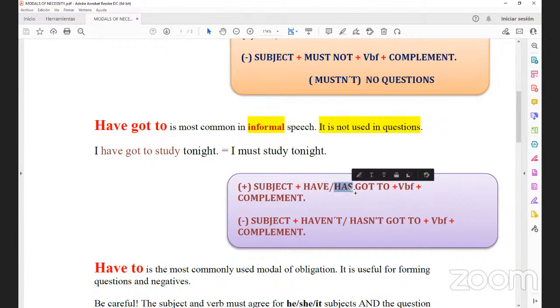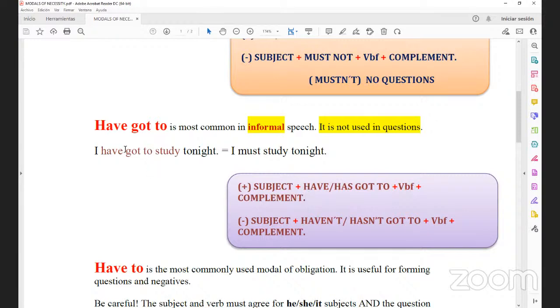If we have plurals or first person subjects, we can use have, but if we have third person, he, she, it, for example, we use has. Always with got to, the verb in base form and the complement.